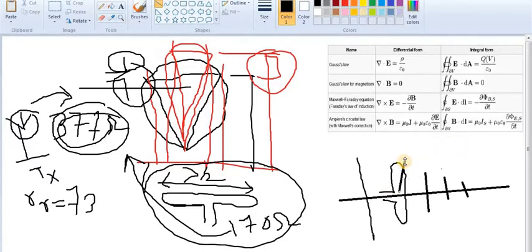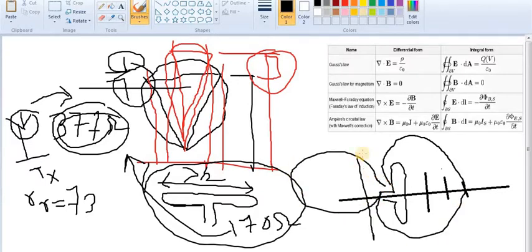Suppose this antenna's radiation field is like that, this radiation pattern, the back side will be cut off because of the presence of this reflector.